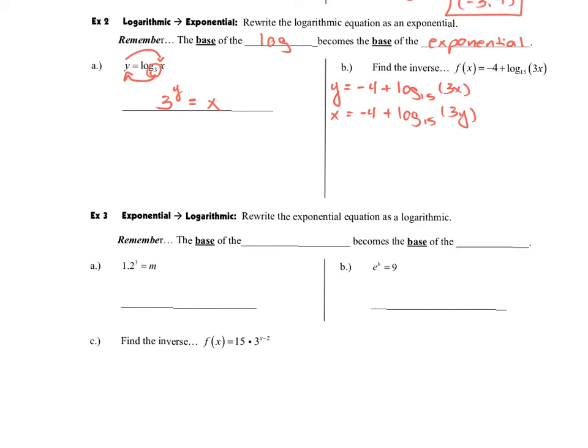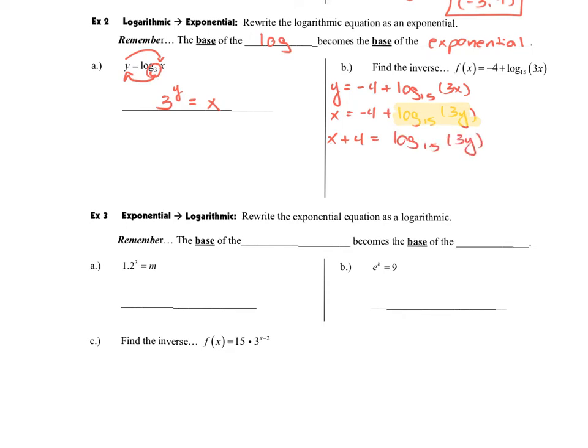So what I want to be thinking about is I need to isolate this logarithm here first before I can actually do any converting. So I'm going to add that 4 to the other side. So I'm going to have my x plus my 4 equals my log base 15 of 3y.